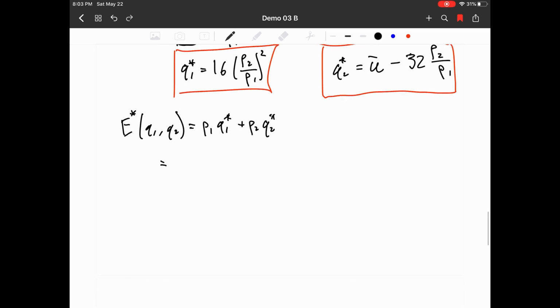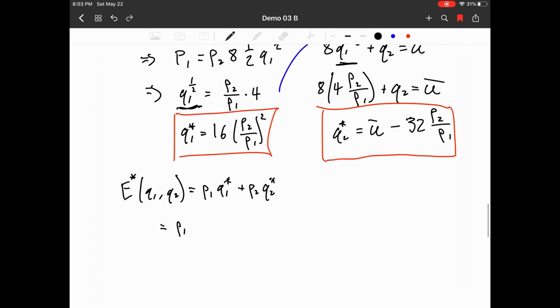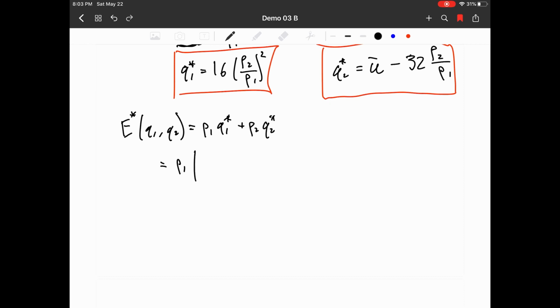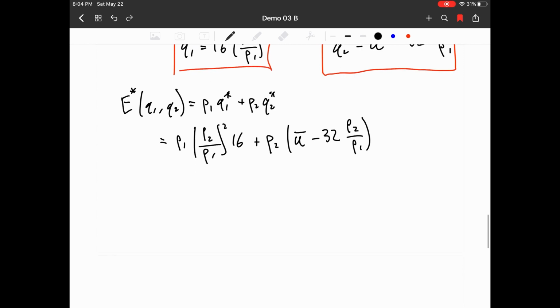So then we just go ahead and plug our values in. So we have p1 times 16 (p2 over p1) squared plus p2 times (u bar minus 32 p2 over p1). And we can do a little bit of expansion here.